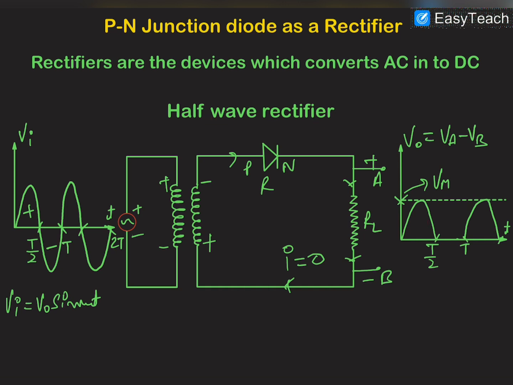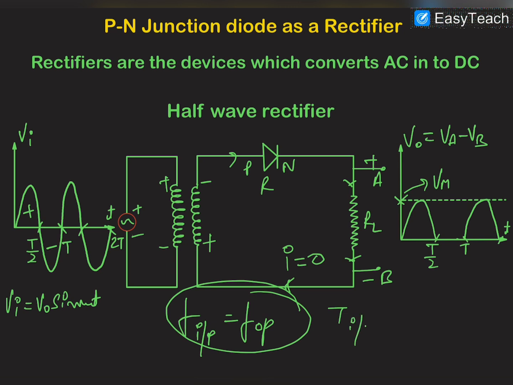And you can see that after T time this input signal is repeating itself, and after T time this output signal is repeating itself. So we can say that the frequency of the input signal and the frequency of the output signal will be equal, and the time period of the input signal and the time period of the output signal will be equal in a half wave rectifier.